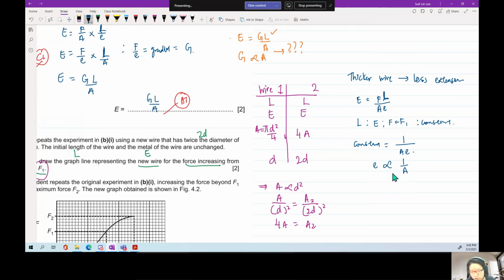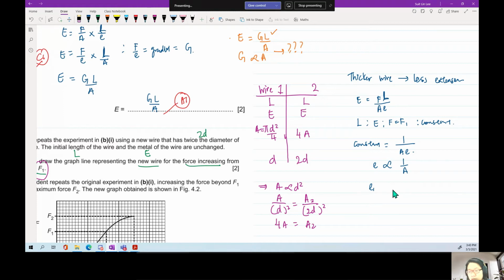Okay? So because of this, for the same force F1, let's say this is e, and then let's say this is e2. Then this will be A2 over A1. Okay lah. I noticed that some students prefer to write a different ratio. I will write both. Never fear, I write both. So your ratio could look like this. e1 over e2 is inversely proportional.